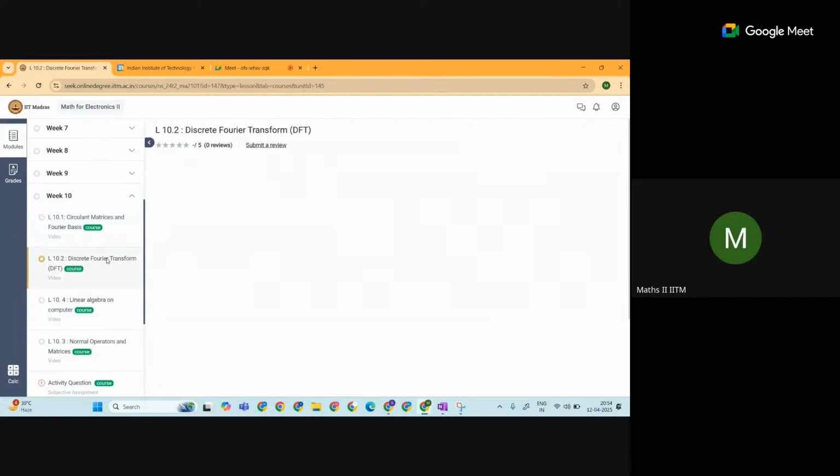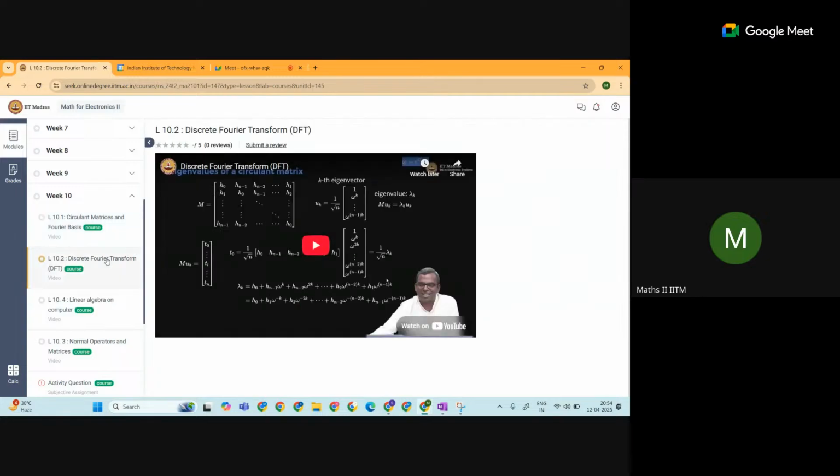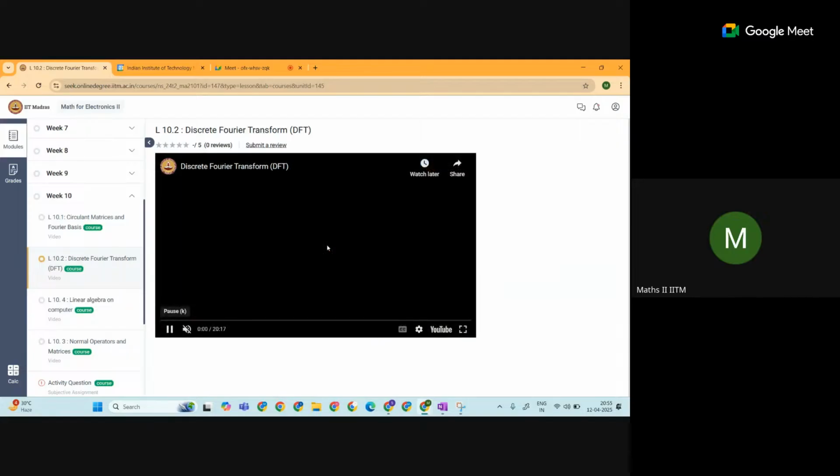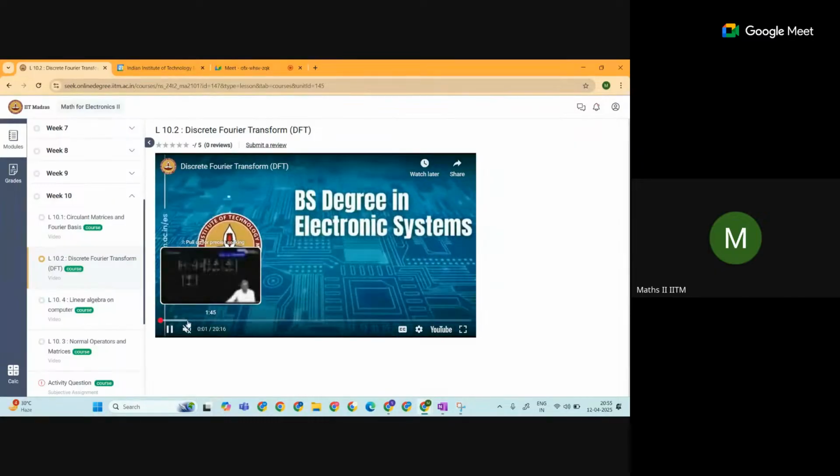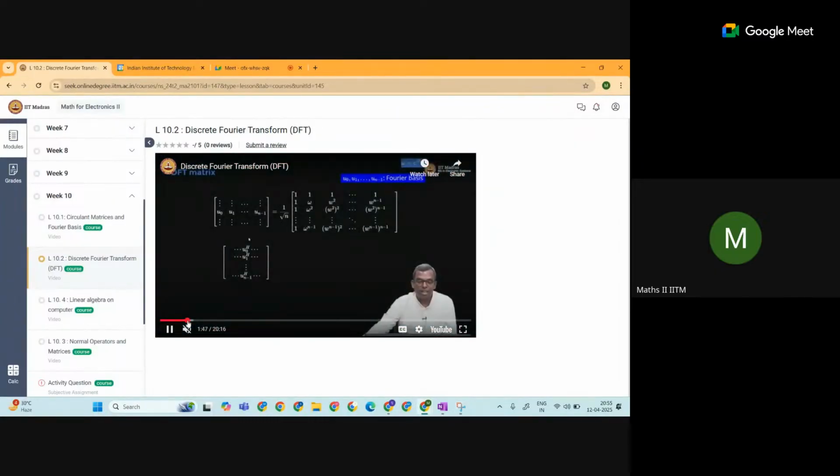The next important thing is the DFT, the discrete Fourier transform. What is a DFT? Once you have the Fourier basis, using that you can write the DFT.